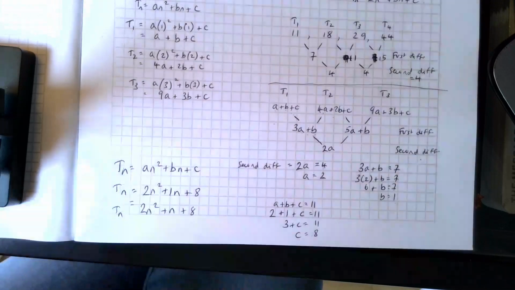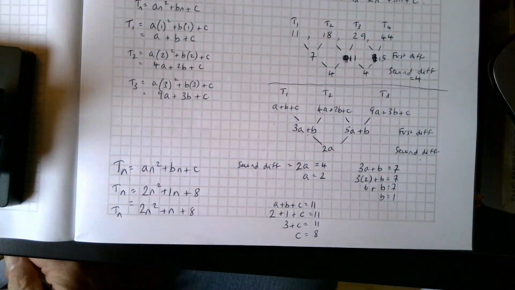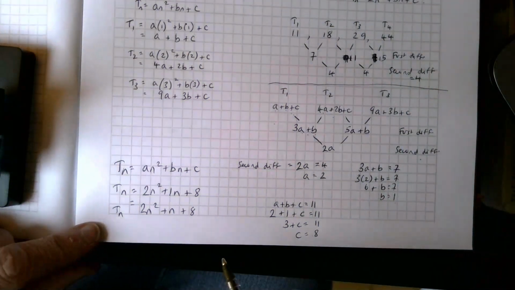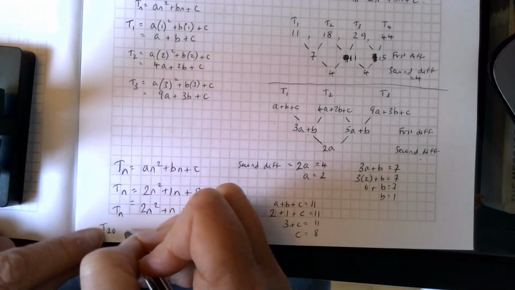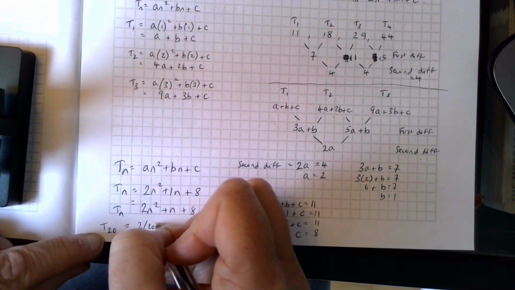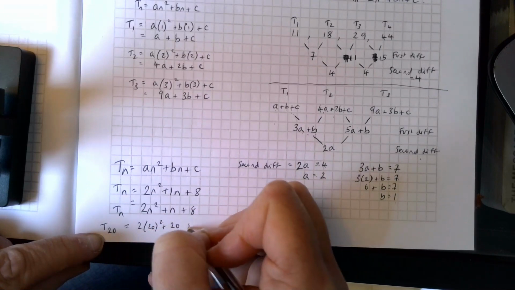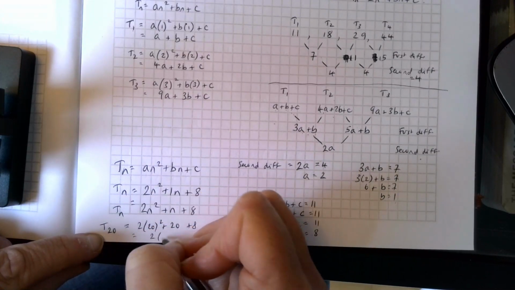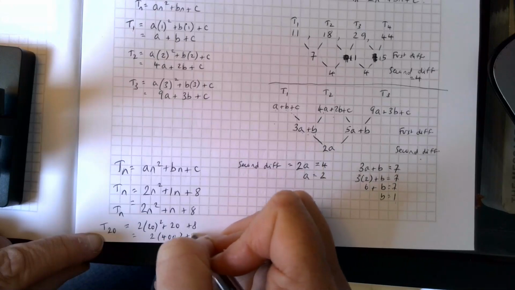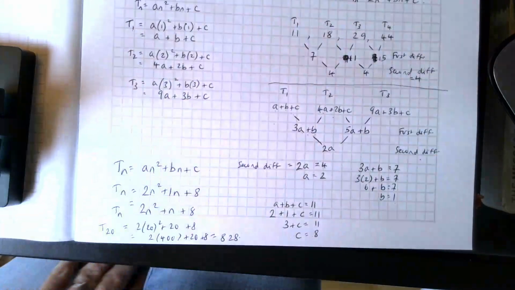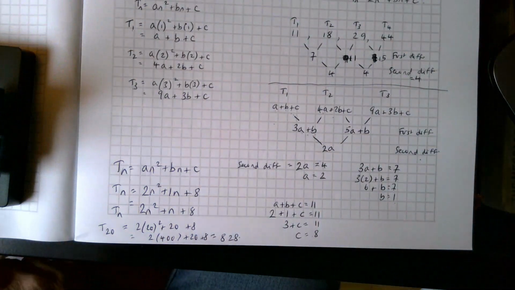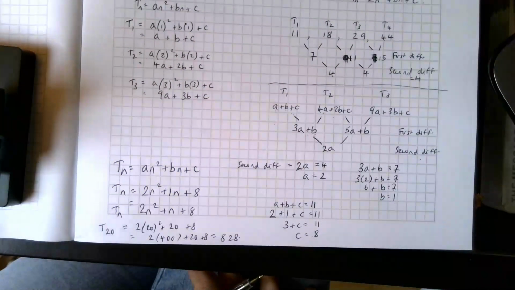That's my general term. And how would I find T20? Because I was asked to find the 20th term. T20 is equal to 2 by 20 squared plus 20 plus 8. So what's that? 2 by 400 plus 20 plus 8. So that's going to be 828. The 20th term of that sequence is 828.